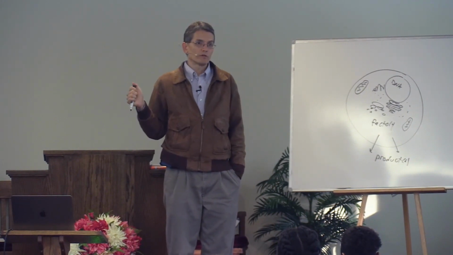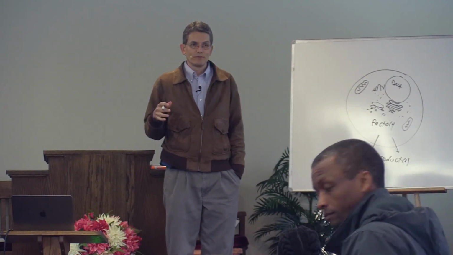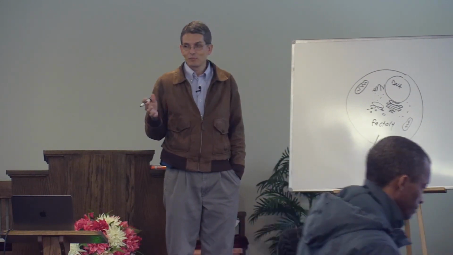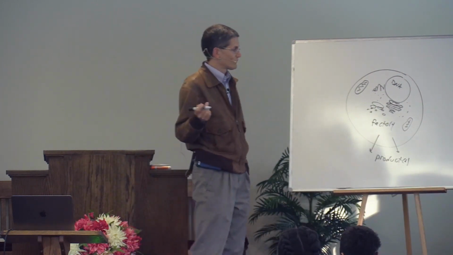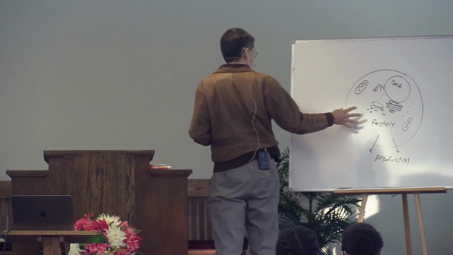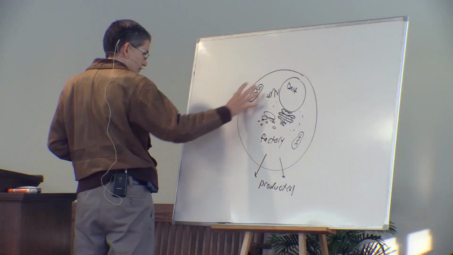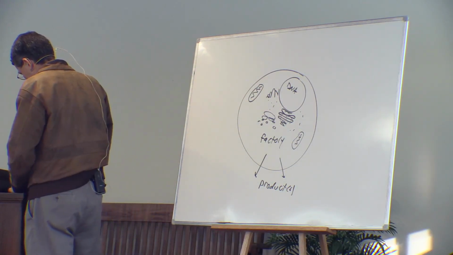Right? What is one of the things that a factory needs in order to produce a product? Okay. So you need machinery. So in here we've got our machinery, we've got our structure, we've got our workers. Exactly right. You're exactly right.